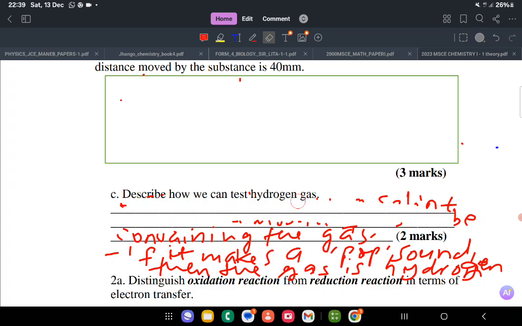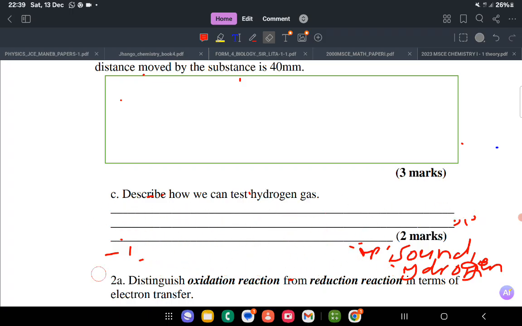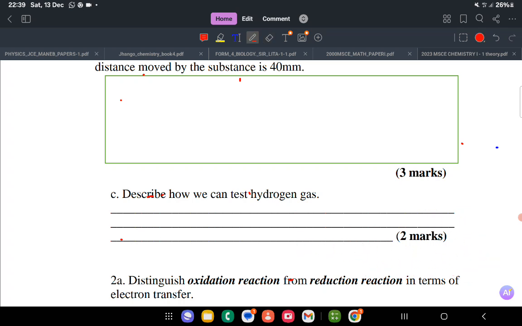You can find a way of shortening this because the space is small, so you don't have to write overflowing text. Just say: place a burning splint on the mouth of the test tube.